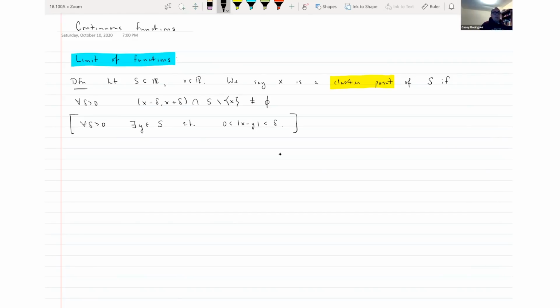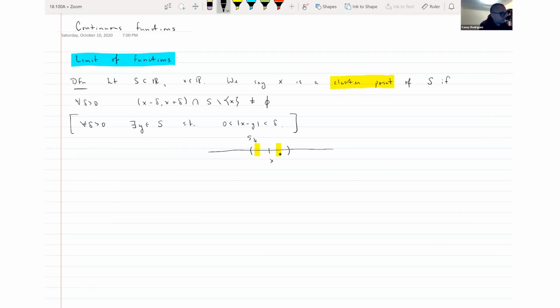As far as a picture goes, x is a cluster point if, whenever I take any small interval about it, I can find some point of S in there other than possibly x. And this should be able to be done for every interval.